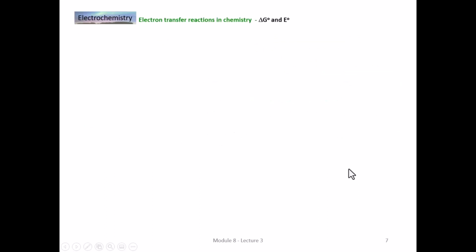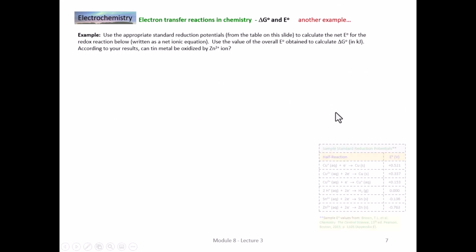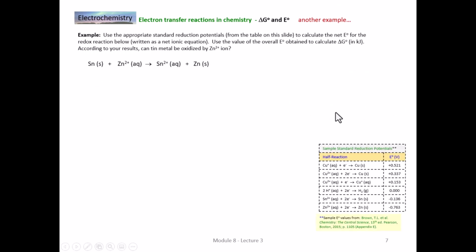Let's look at another example of the relationship between delta G and net potential by finally looking at a different redox reaction. What we're going to do here is use the appropriate standard reduction potentials from the table on the lower right to calculate the net overall potential for this redox reaction, which is written as a net ionic equation.